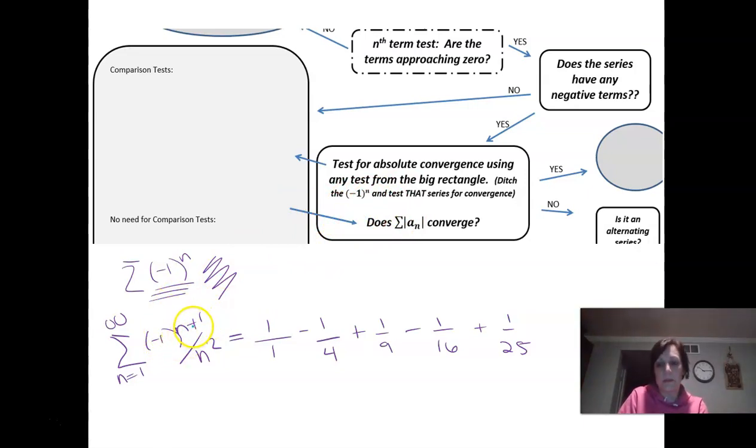Now I want you to see what the effect of throwing away those negative terms is. Right now, half of your terms are being added and the other half are being subtracted. I think of this as this guy takes me a step forward, this guy's a little step back. This guy's a step forward, this guy's a step back, this guy's a step forward, the next guy's a step back.